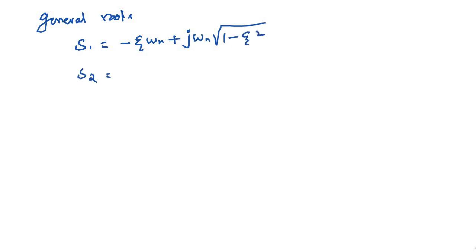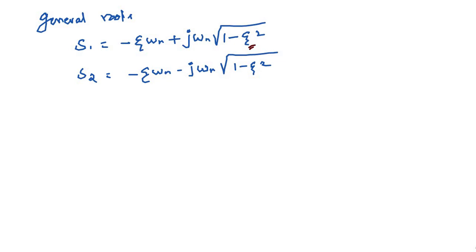Another root is S2, that is minus zeta omega n minus j omega n into square root of 1 minus zeta square. Okay, here zeta is a damping ratio, is a number actually.